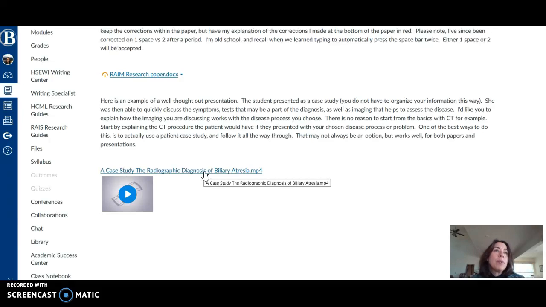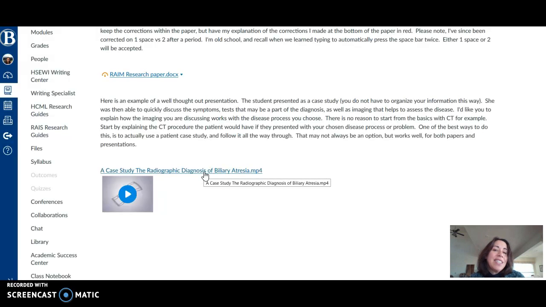So for example, if I was going to study a brain tumor, I probably wouldn't just generally pick brain cancer because there are so many types of brain cancers. So I think I would pick a glioblastoma multiforme, and then I would choose two modalities that work towards that to either image it or treat it. And I would tell you how that particular modality worked in relation to that particular disease process.